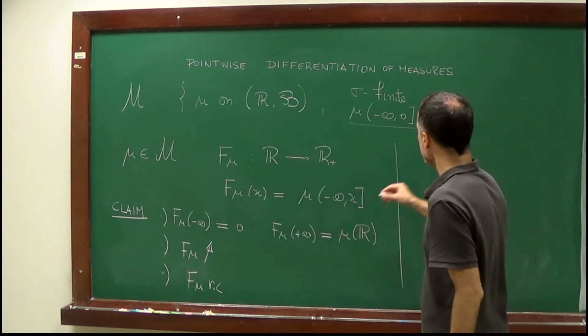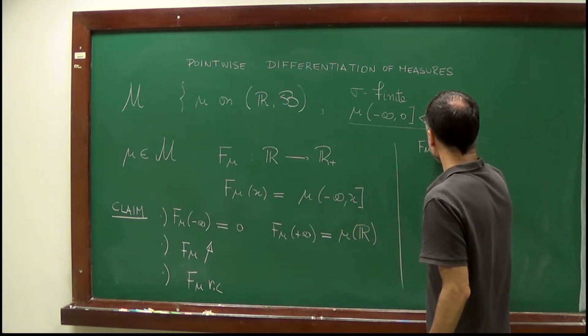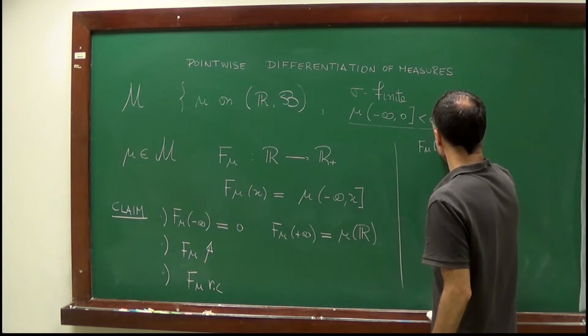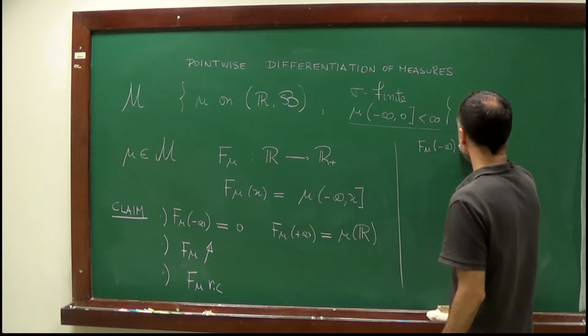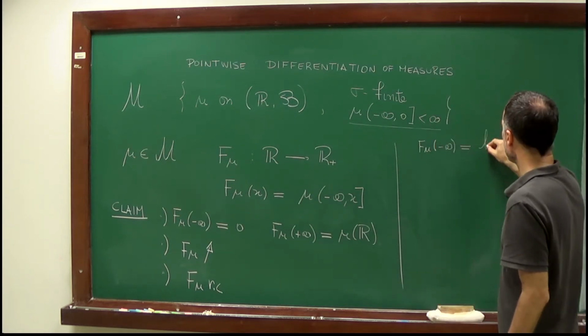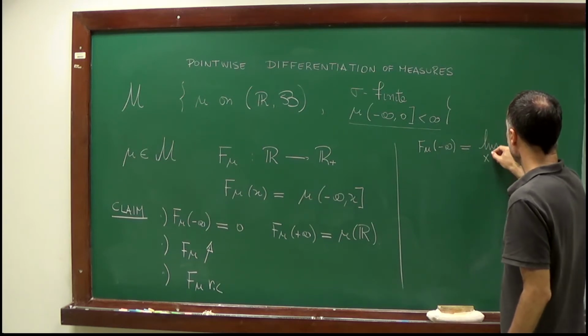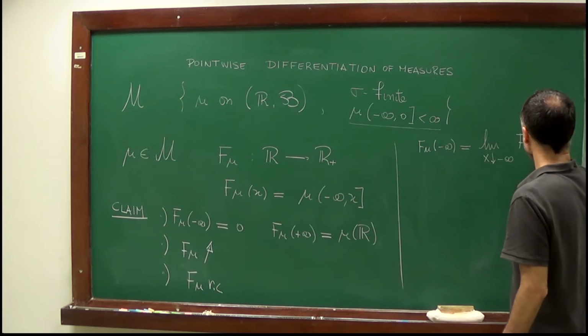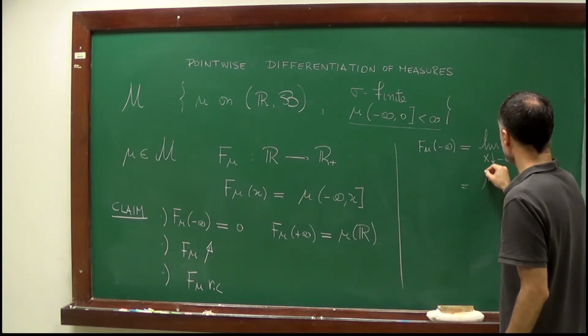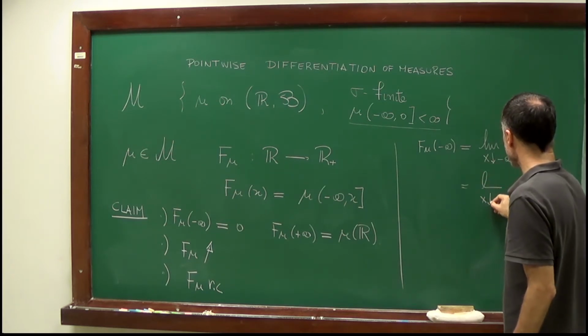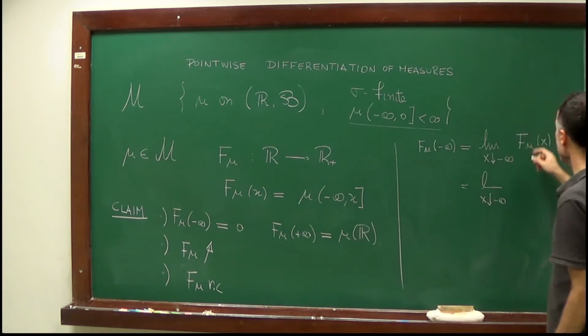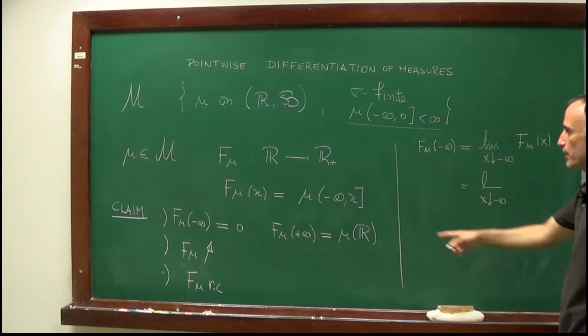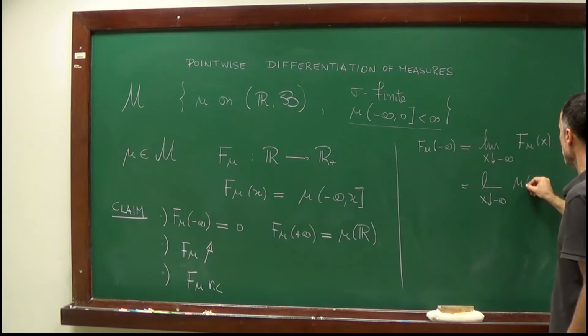So let's prove that f_mu of minus infinity is 0. By definition, this is the limit as x tends to minus infinity of f_mu of x, which is the measure of the interval minus infinity to x.